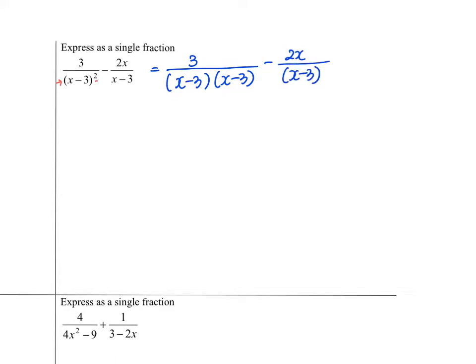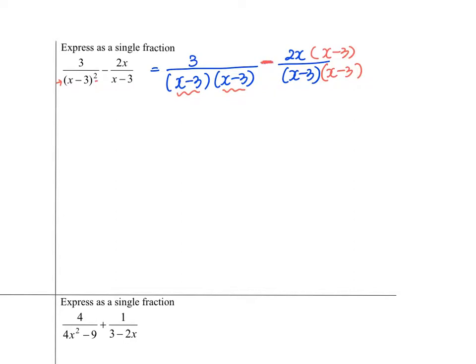Now looking at this, how can we make the denominators the same? So I have an x minus 3 here with an x minus 3, so I'm going to multiply one more x minus 3 over to this side of the fraction.